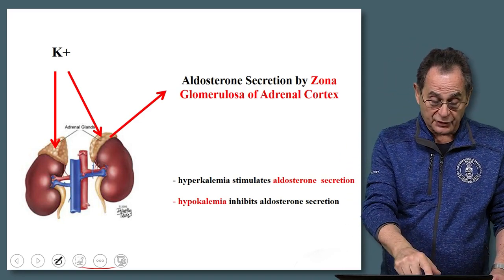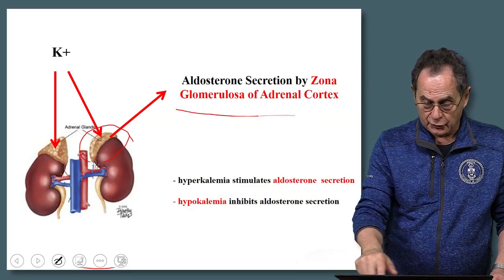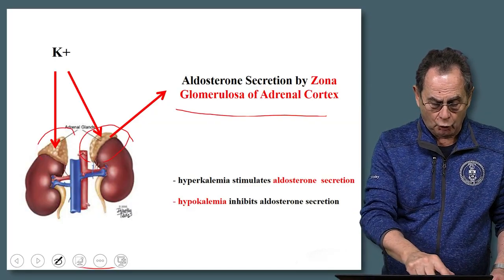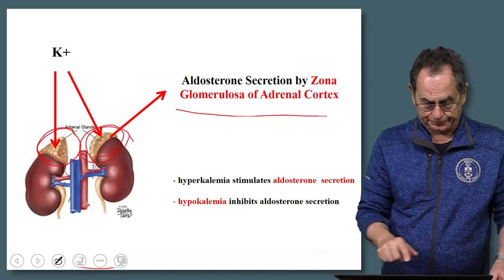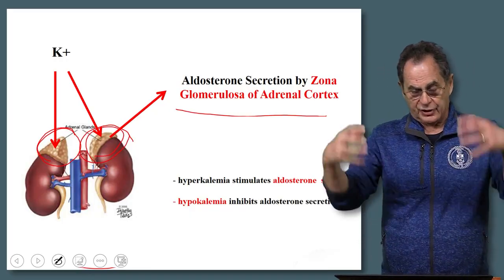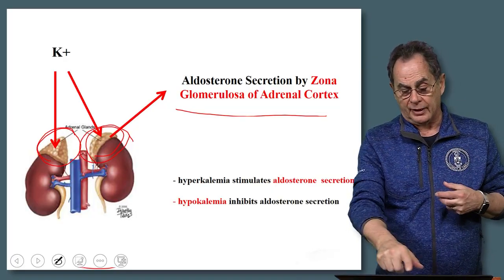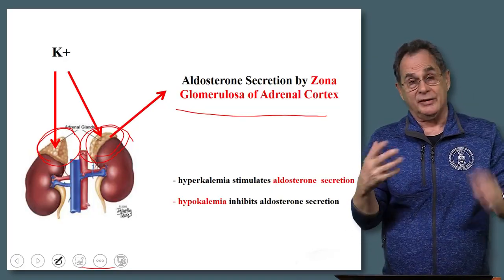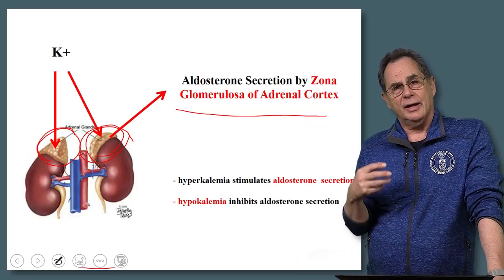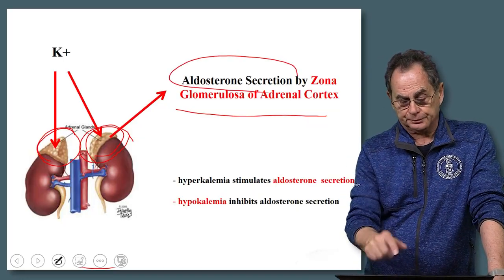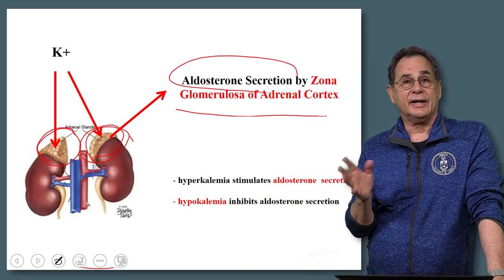Well, two important things. It sits within the zona glomerulosa of the adrenal cortex. The adrenal glands sit on top of the kidneys, and in the cortex of the adrenal gland is a zone that's been named by the anatomists zona glomerulosa. It secretes aldosterone.